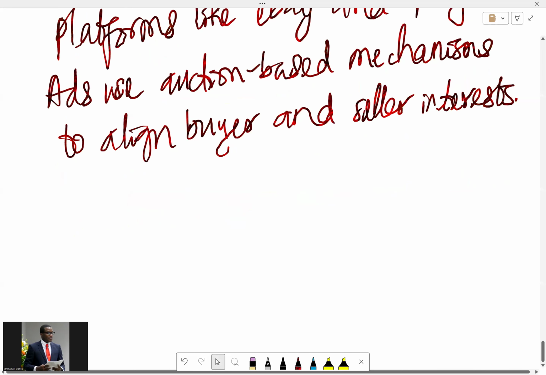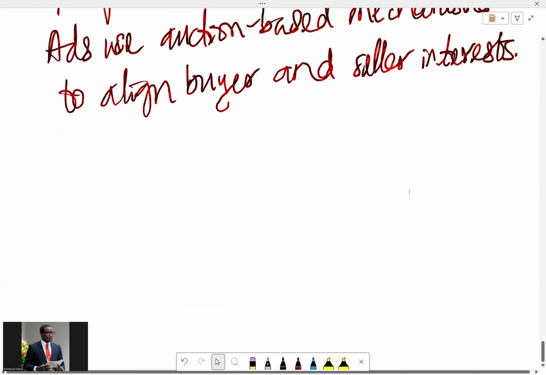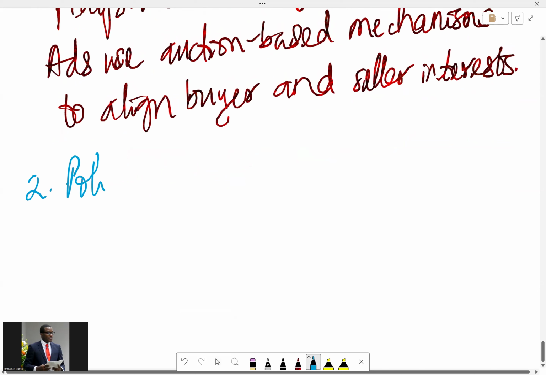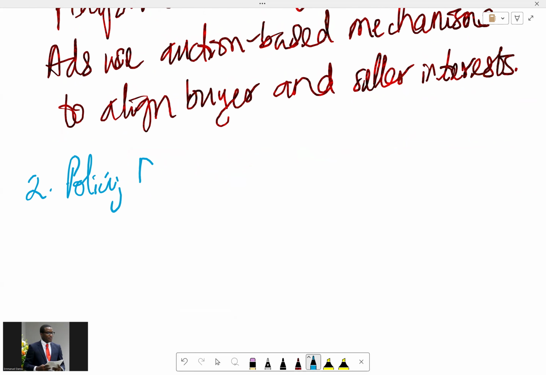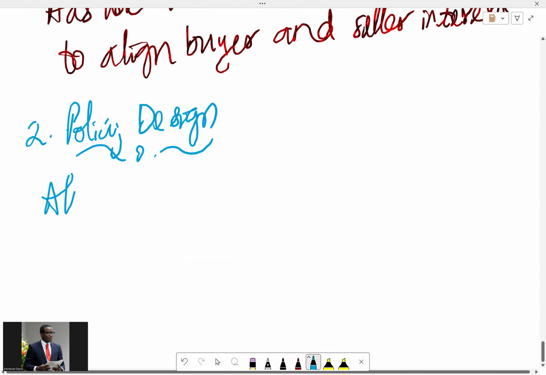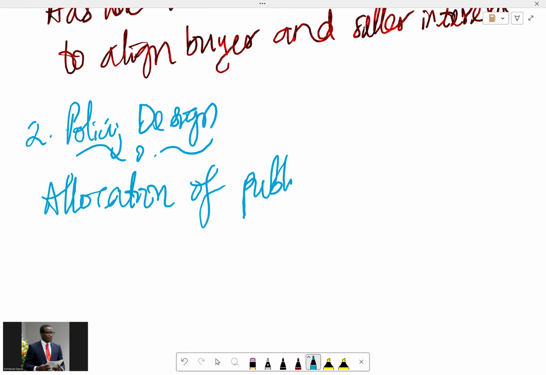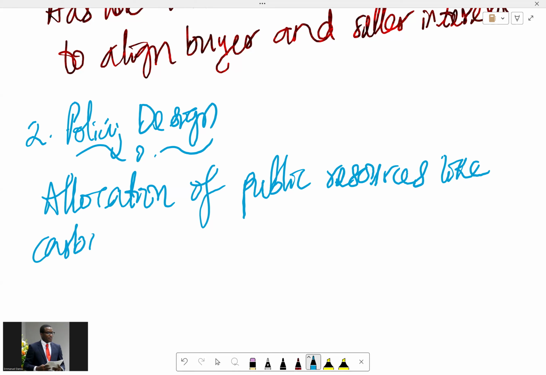Okay. Then we have its application in policy design. So here, allocation of public resources like carbon credits or emission permits.